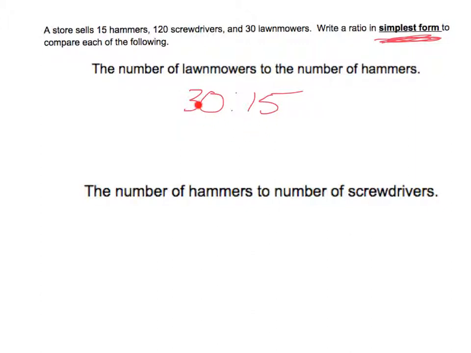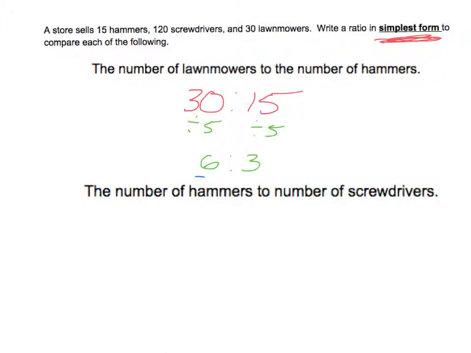So I could say, what number goes into both? Well, 15 does, but even if you didn't know that, say you said 5. You divided both by 5. You would get 6 to 3. And even if you got this, you should know that that's still not simplest because 3 goes into both.